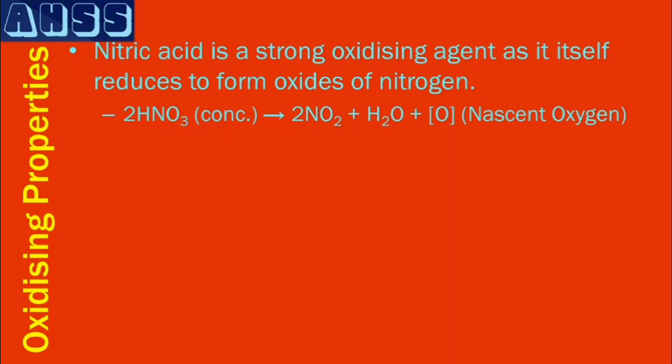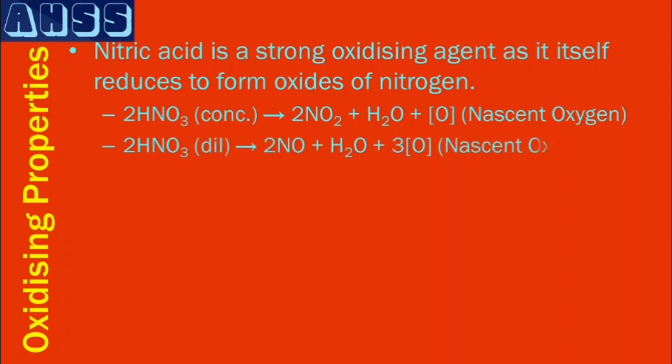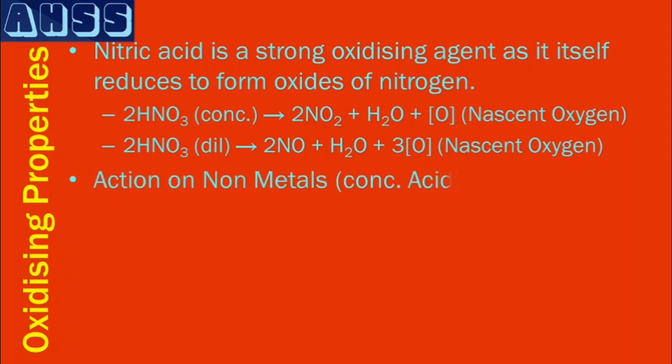You can see concentrated nitric acid on decomposition gives nitrogen dioxide, water along with nascent oxygen, and dilute nitric acid also gives nascent oxygen along with nitric oxide and water, and this nascent oxygen is responsible for its action as an oxidizing agent. So it can oxidize non-metals, metals and compounds.